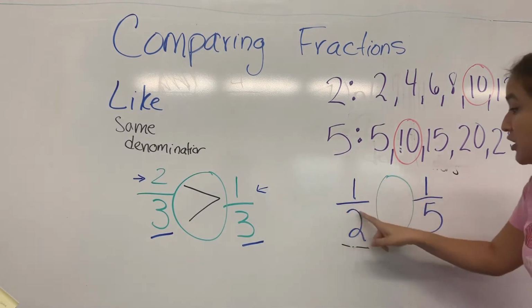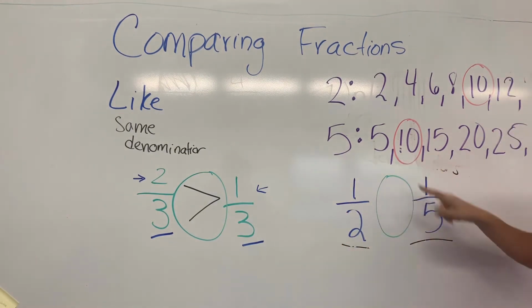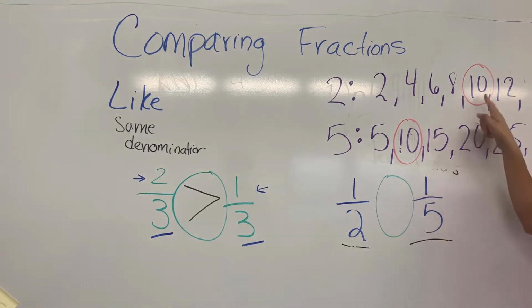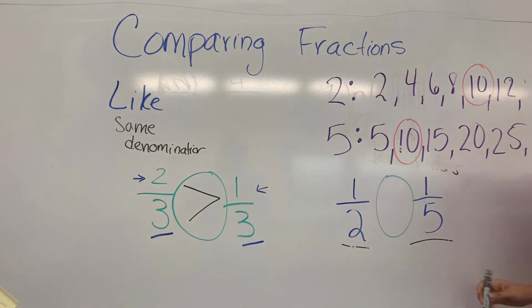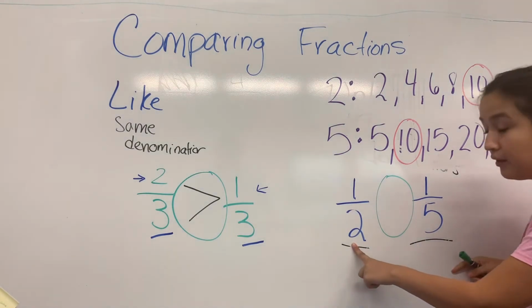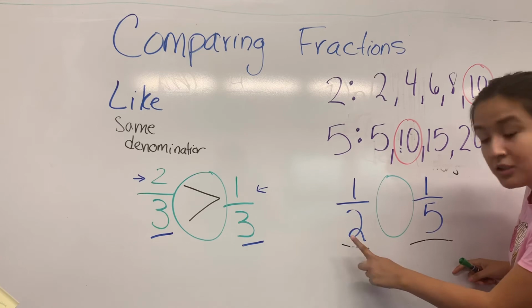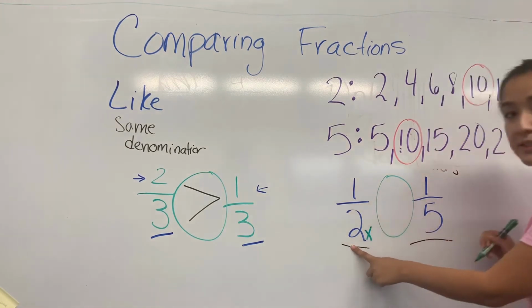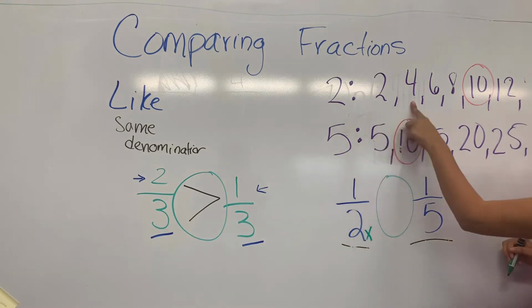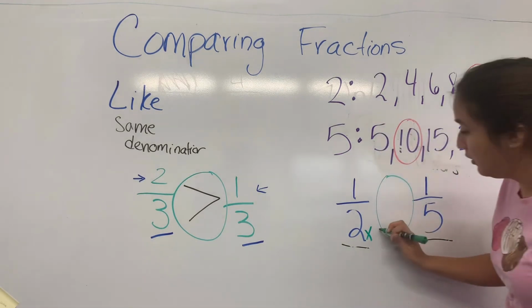I need to change this 2 into a 10, and I need to change this 5 into a 10. And you can only do that by multiplying. So what do I have to multiply this by to get a 10? 2 times what can give me a 10? 2 times 1, 2, 3, 4, 5.